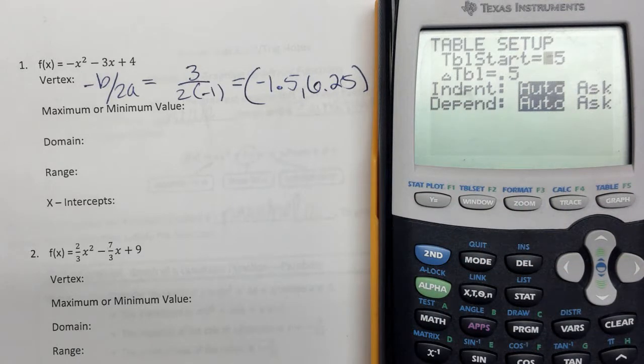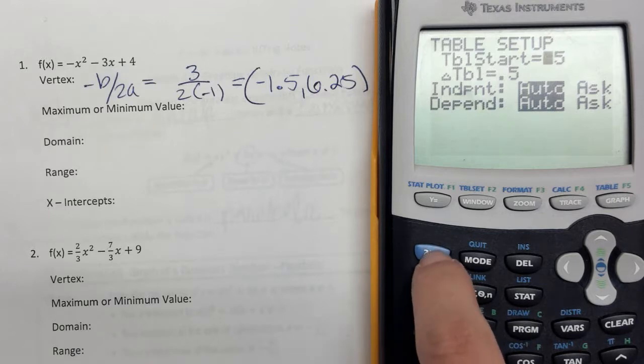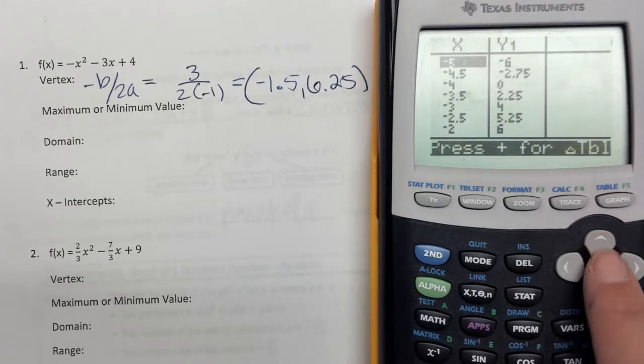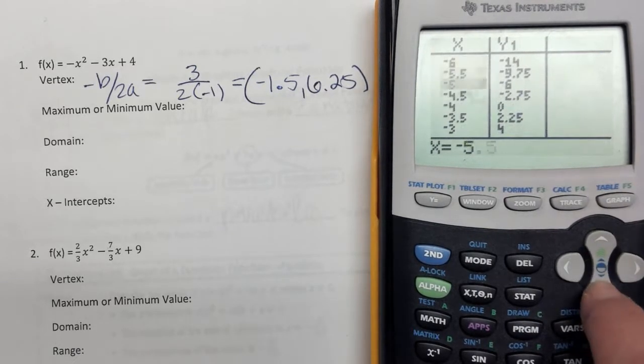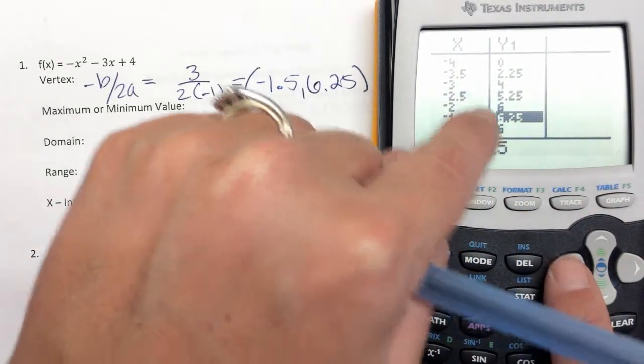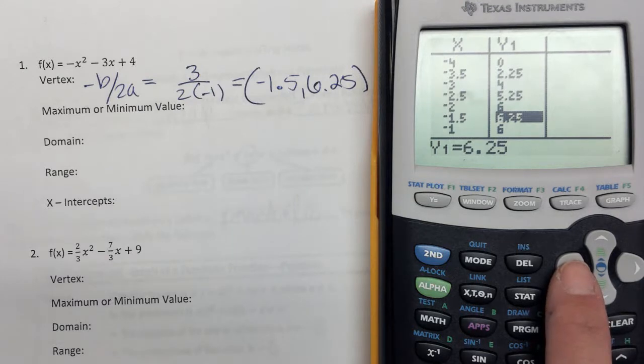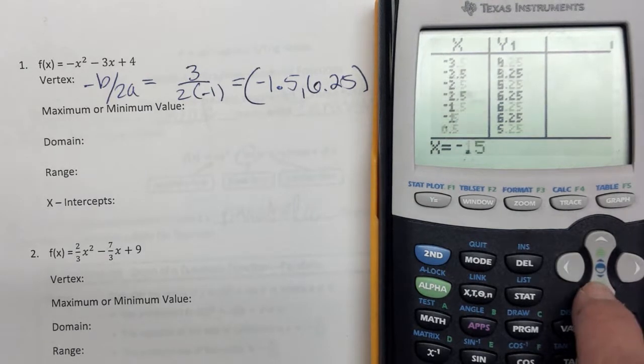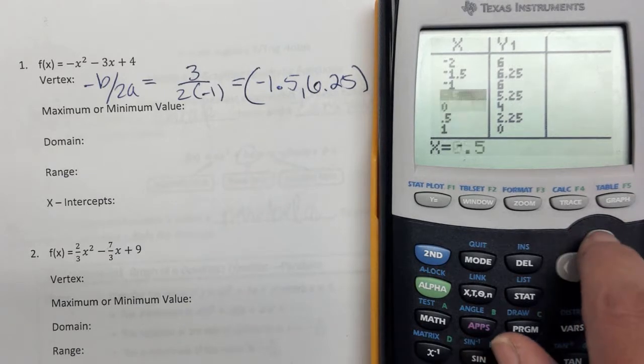Has everybody done that? Hit second table. So if you wanted to look at your table at -1.5, you can see it's 6.25 here. You know all those tables we made on Friday with the 5 numbers? You can use that to make your table, x and y values. Okay?